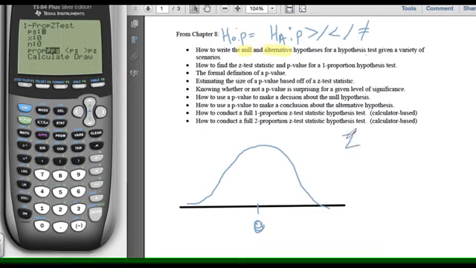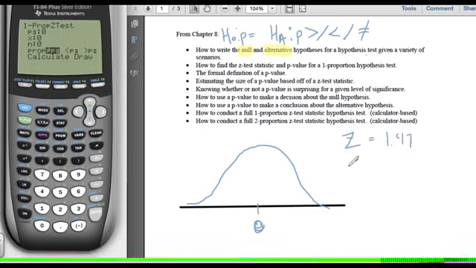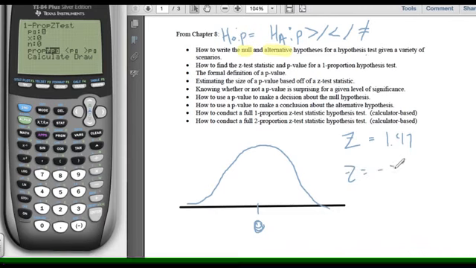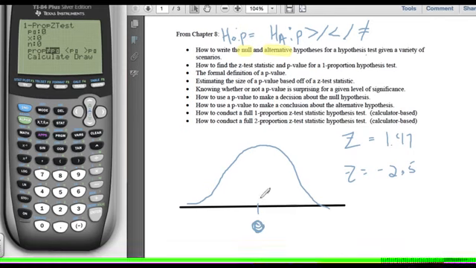So let's say I have two z-scores. I've got one z-score of 1.47. The other z-score is negative 2.5. So 1.47 would be somewhere up here above the 0. Negative 2.5 would be down here below the 0, and it's a little bit farther to the left because it's farther from 0.